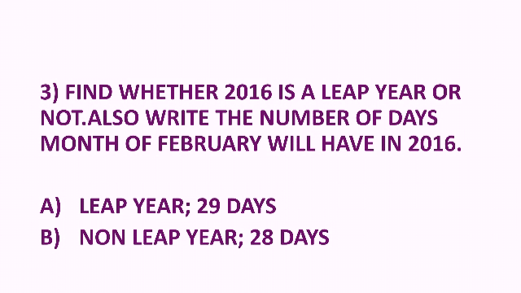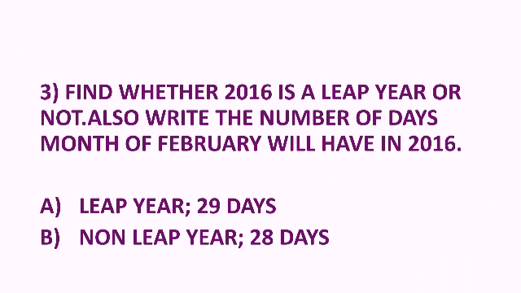Right? Now, how can you find whether 2016 is a leap year or not? You need to know that a leap year comes after 4 years. So, the given year, you have to divide it by 4. If you get any remainder, then it is not a leap year.